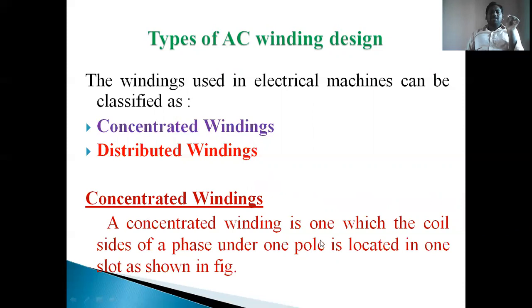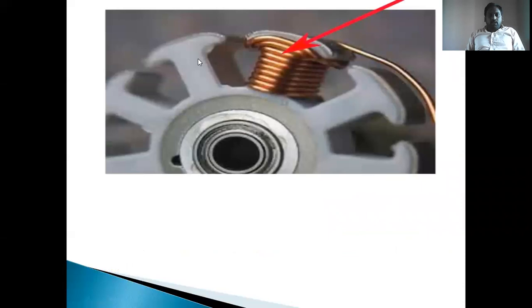So a concentrated winding is one in which the coil sides of a phase under one pole are located in 1 slot. Like see, this is 1 slot, this is 1 slot, this is 1 slot. But among all these slots, the total winding is provided in only 1 slot. Such a type of winding is called concentrated winding.